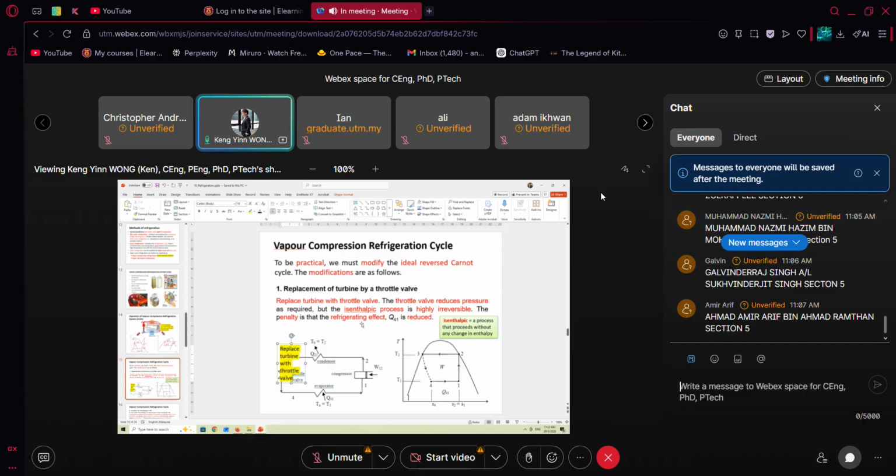I repeat again, there is no turbine inside your refrigerator system, only a throttle valve. But whenever you replace it with a throttle valve to reduce the pressure, there is one issue: the refrigerating effect is reduced. So I want every one of you to write it down: whenever you install a throttle valve, the refrigerating effect reduces.